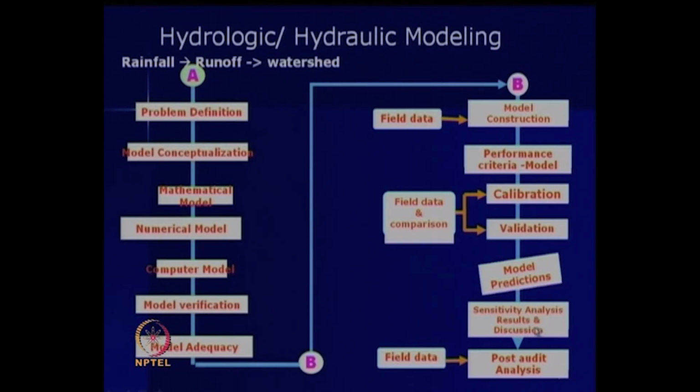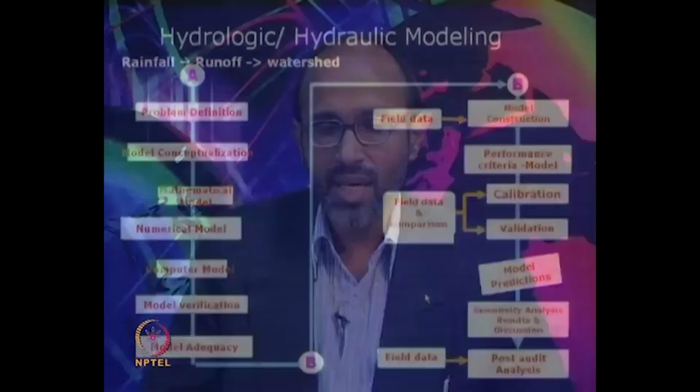And then finally, with respect to the various scenarios we have generated or the results which we got, we also have to do a post audit analysis. I mean, after a few months or after a few seasons, we have to see whether the model is giving the appropriate results which we are looking for. So, that is a post audit analysis.